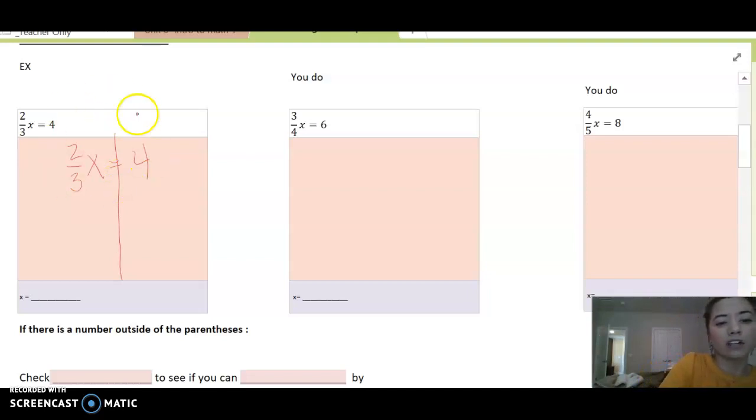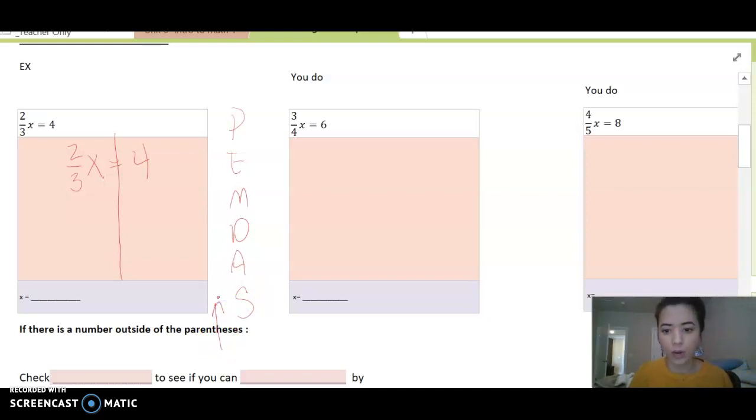When we have a fraction and we're solving equations, you should have heard me say that we use the reverse PEMDAS to solve equations because we are trying to undo the stuff right here with my x, and since we're trying to undo it, we use PEMDAS backwards. So I don't see any subtraction, I don't see any addition, I do see division. I have a divided by 3, so that's what I'm going to get rid of first.